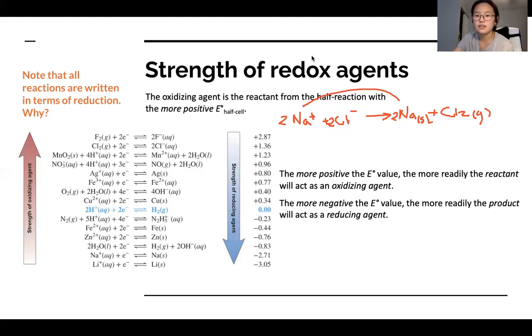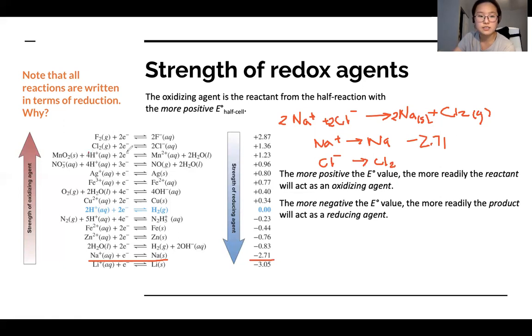But let's still calculate the reaction potential for this reaction. We have Na plus going to Na, and remember that the moles do not matter. Na plus going to Na, signs are consistent, we have negative 2.71. Cl minus ions going to Cl2 gas, moles do not matter.